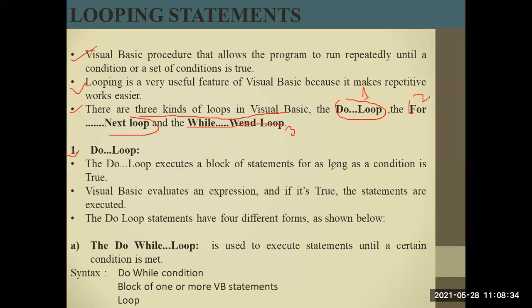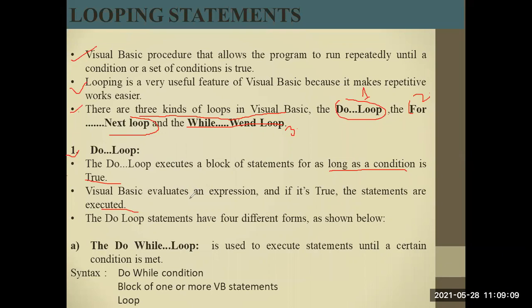Visual Basic evaluates an expression, and if it is true, then the statements are repeated. That means we have an expression or condition, and if its value is true, then we will implement the statements.